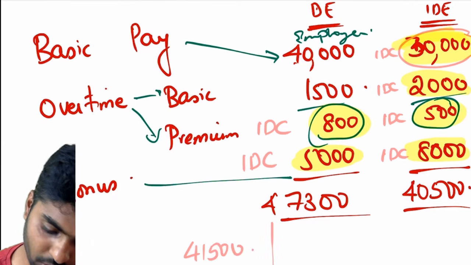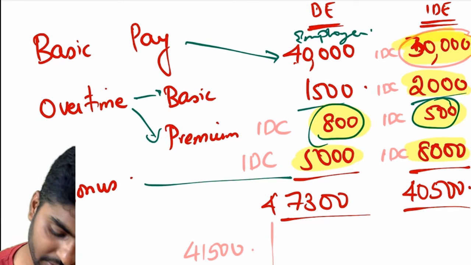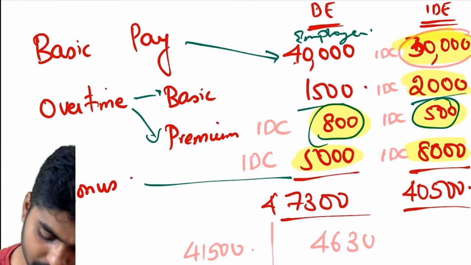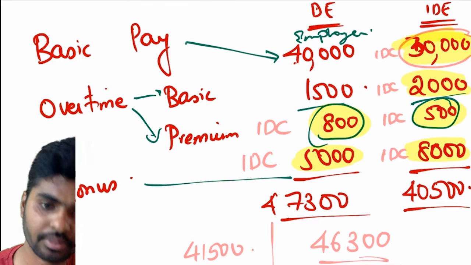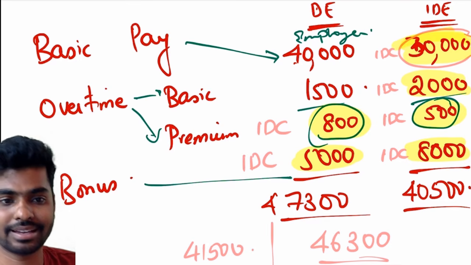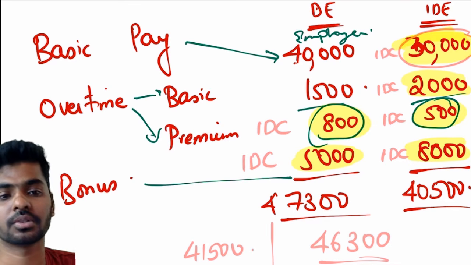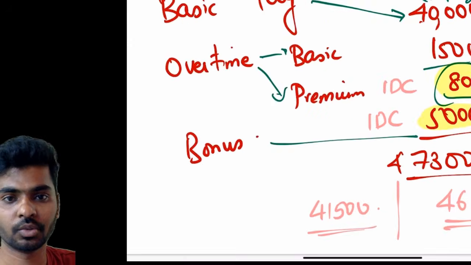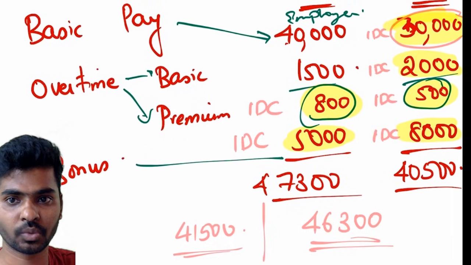My indirect cost will be 30, 32, 40,500, 45,500, 46,300. Does anyone have any issues with it? Just look into the solution and just let me know whether you guys have any issues with this.